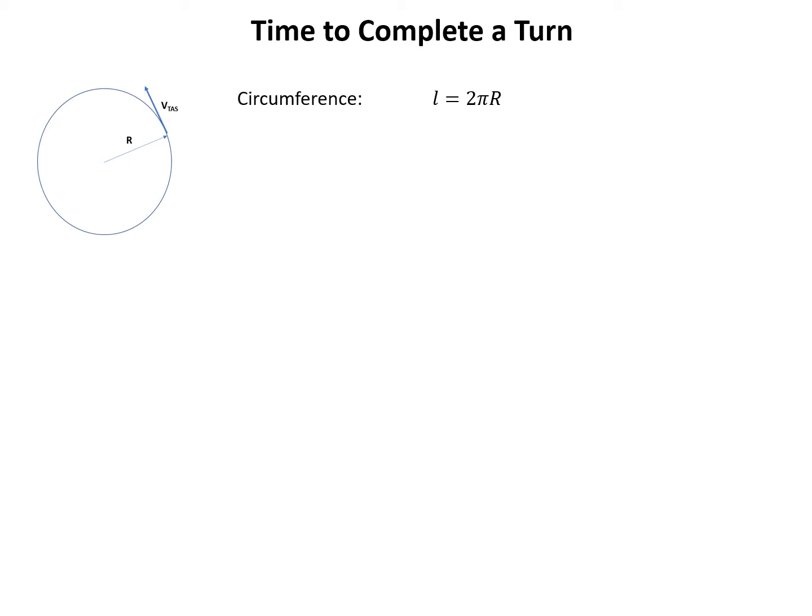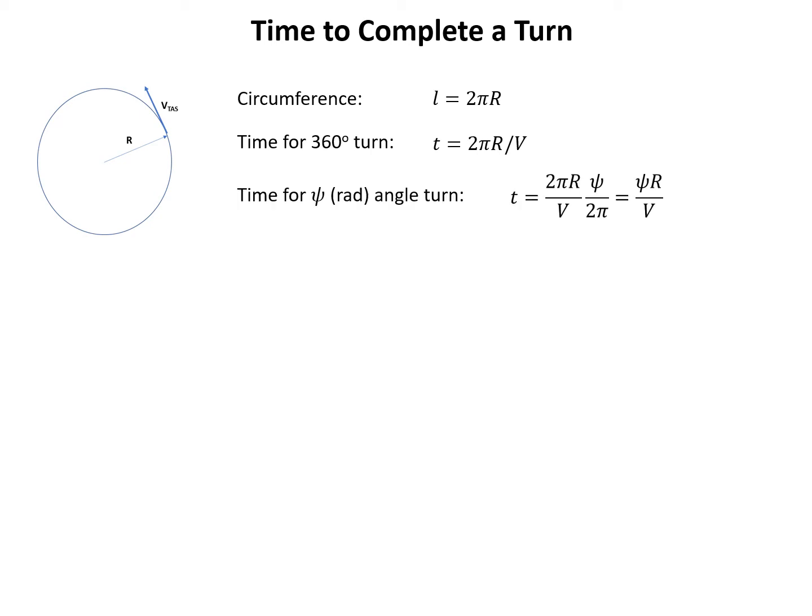That's the distance the aircraft will travel. Then the time is 2 pi r divided by the velocity v, the true airspeed. To be more general, if the turn is only psi radians, we just multiply by the ratio psi divided by 2 pi, and it eventually becomes t equals psi r divided by v.